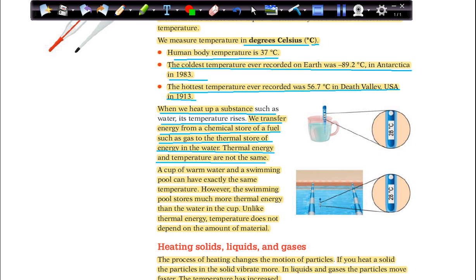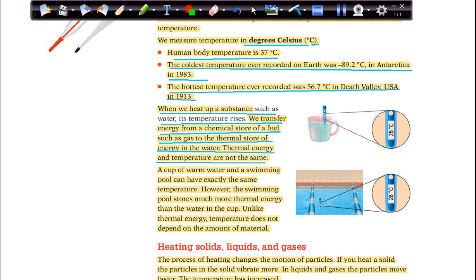So here, when we use any source of energy, fuel, gas, liquid gas, solid fuel, or any kind of fuel that gives us thermal energy, okay?